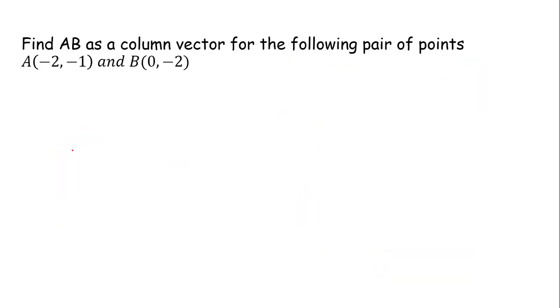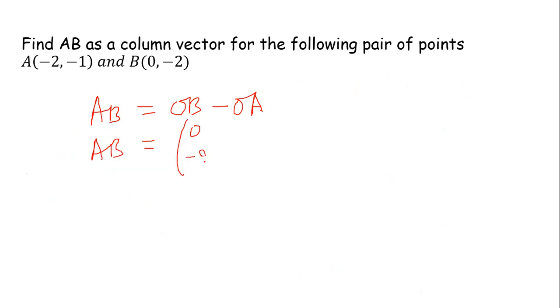Then the second one, we have A as (-2, -1) and B is (0, -2). So still likewise, AB is going to be OB minus OA. So our AB is going to be equal to (0, -2), when we write it as a column vector, then minus (-2, -1).